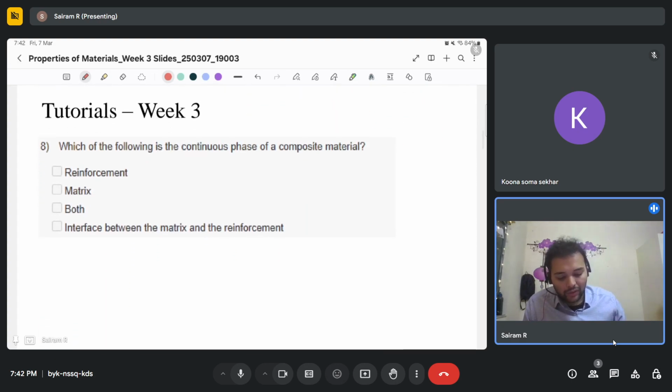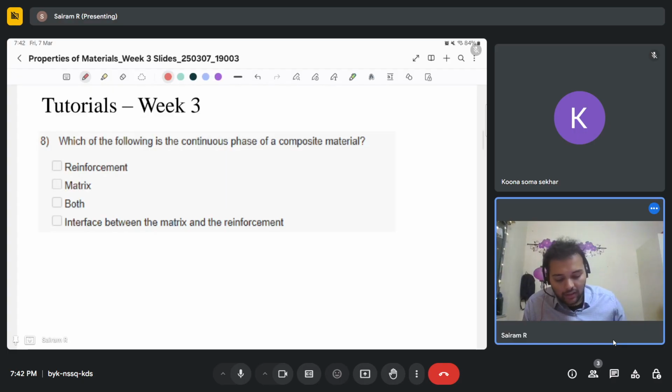Okay. Moving to the next question, the eighth question: which of the following is the continuous phase of a composite material? Let's say this is a depiction of a composite.